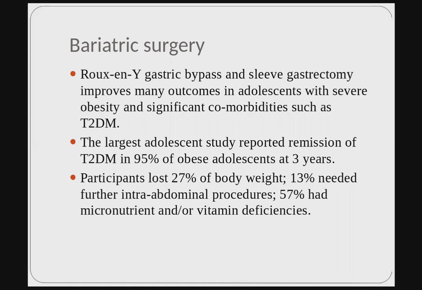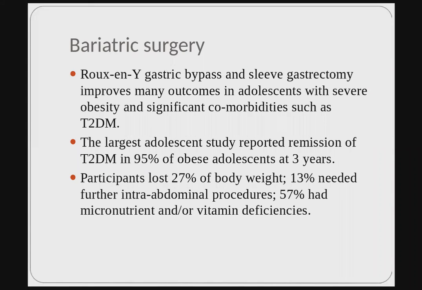Participants lose 27% of body weight, 13% needed further intra-abdominal procedures, 57% had micronutrient and other vitamin deficiencies. So the procedure itself may be good, but it comes with associated issues like micronutrient deficiency, vitamin deficiencies.